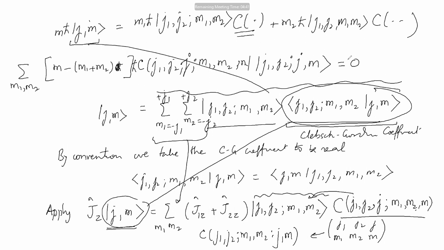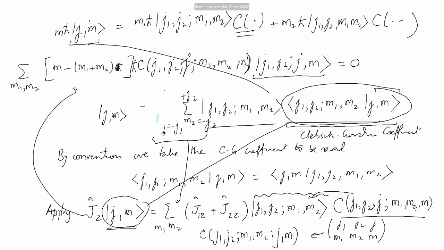This must be equal to... Okay. This is how, in short, we can write this expression. When we have operated by J z, we have operated by J1z and we have operated by J2z. Now you see, this is a ket which will always be linearly independent.